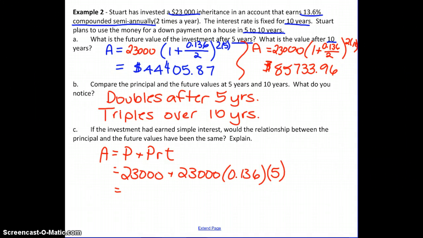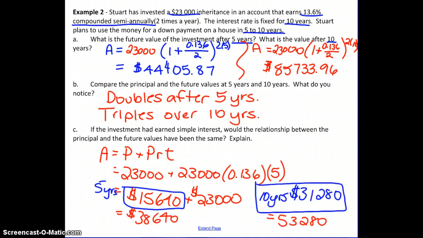Your future value in this case will be $15,640 in interest plus $23,000 of principal. So then you can compare that after 5 years your interest is $15,640 and at 10 years it doubles to $31,280. But you can see that there's a big difference between your compound interest and your simple interest at 10 years.